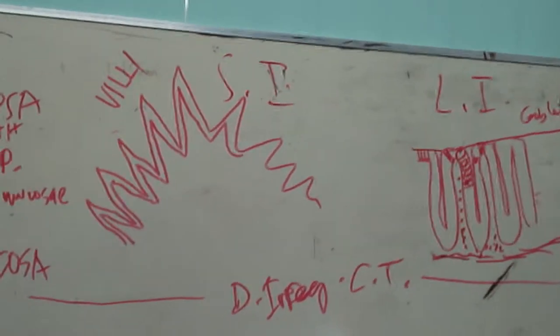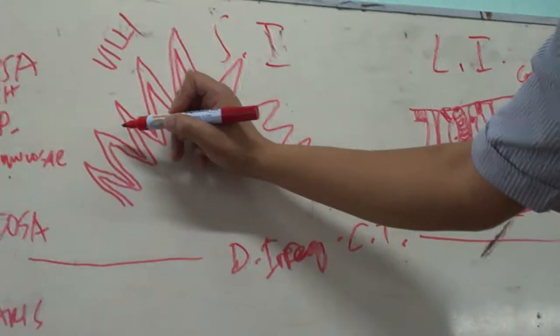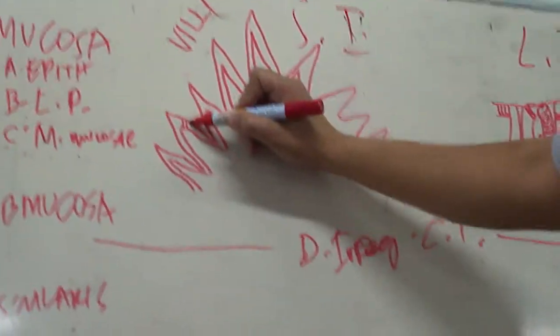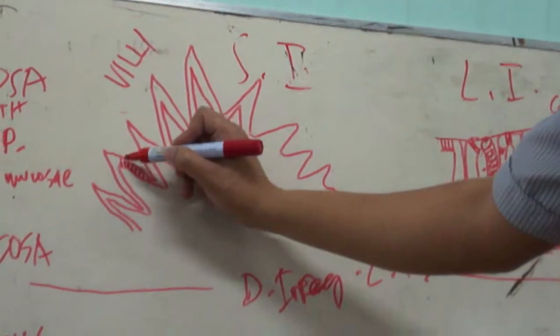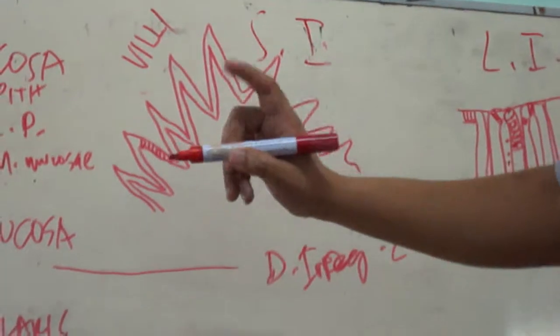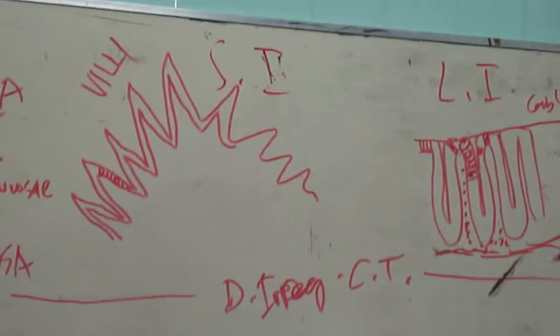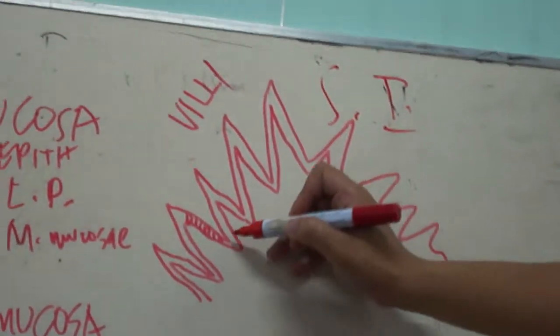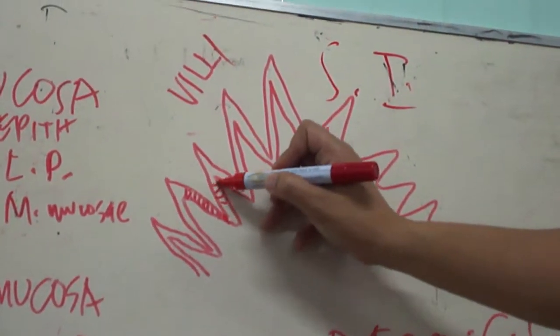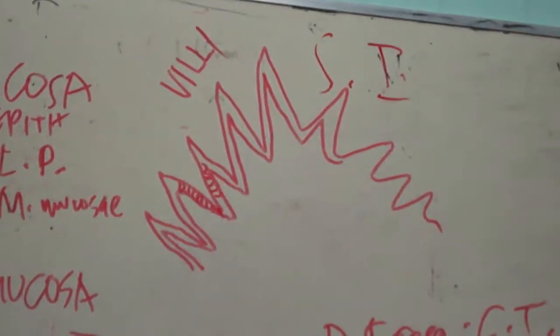Okay. And then, the villi are lined by what type of epithelium? Simple columnar epithelium. So there will be a lesser number of goblet cells in the small intestine as compared to the large intestine, so that there will be more absorptive columnar cells in the epithelium of the small intestine.